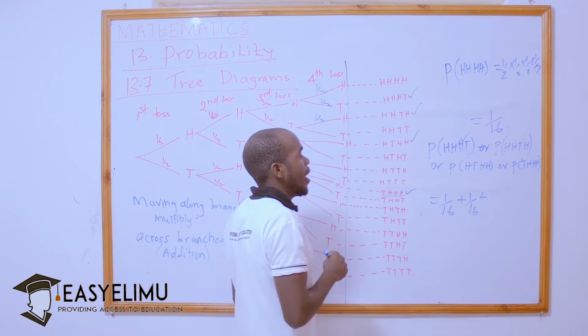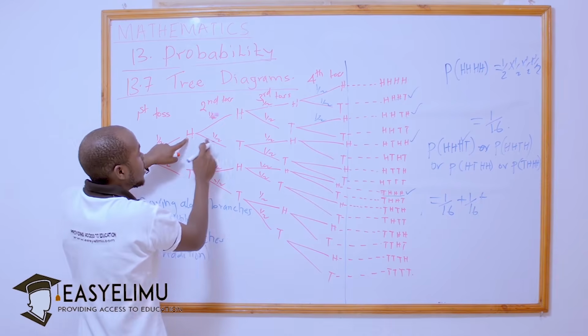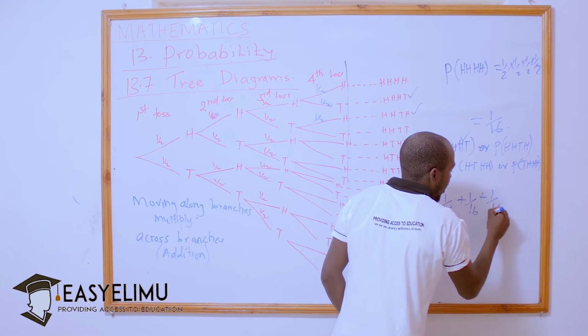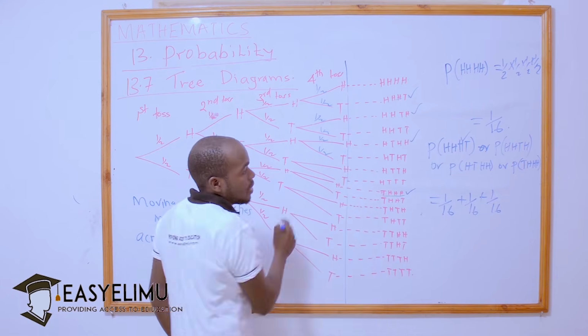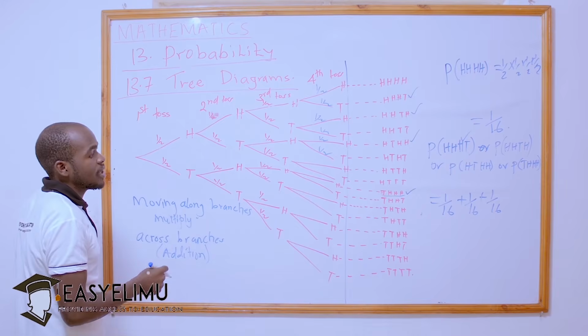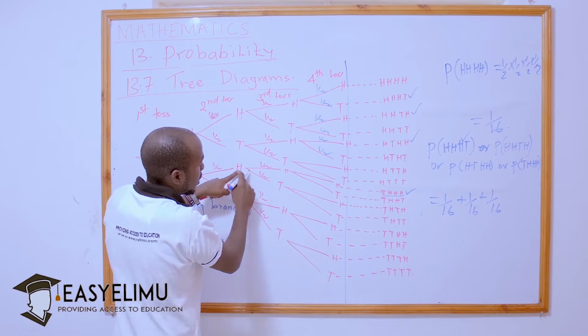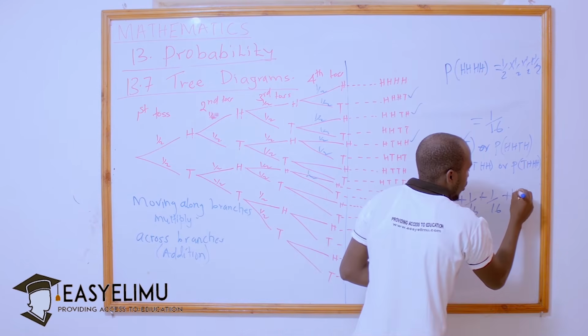We add another one, head, tail, head, head, which is 1/16 again, a half throughout. Then the last one is tail, a half, head, head, head, so we have 1/16.